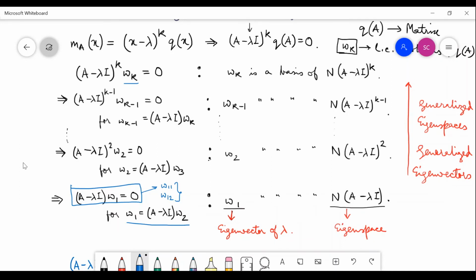Now just note this: starting from omega 1, I would be able to come to omega k. Suppose I start from omega 1 1 and I can come to a non-zero omega k. But for the other omega 1 2, it might so happen that I cannot go through these relationships and yield non-zero vectors anymore. This is exactly what happens in that situation.